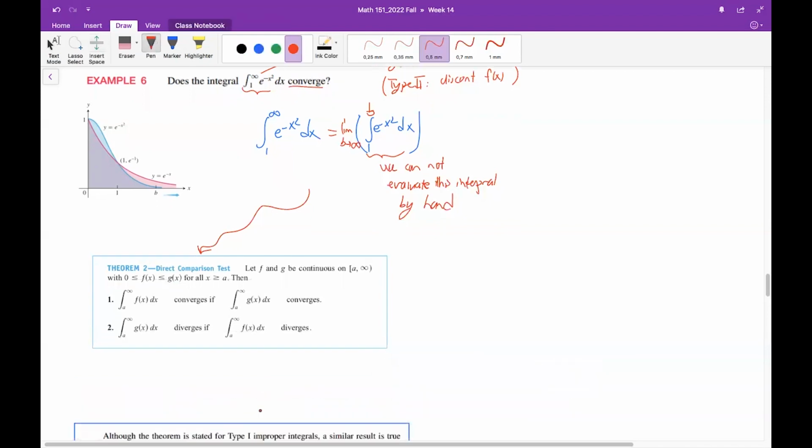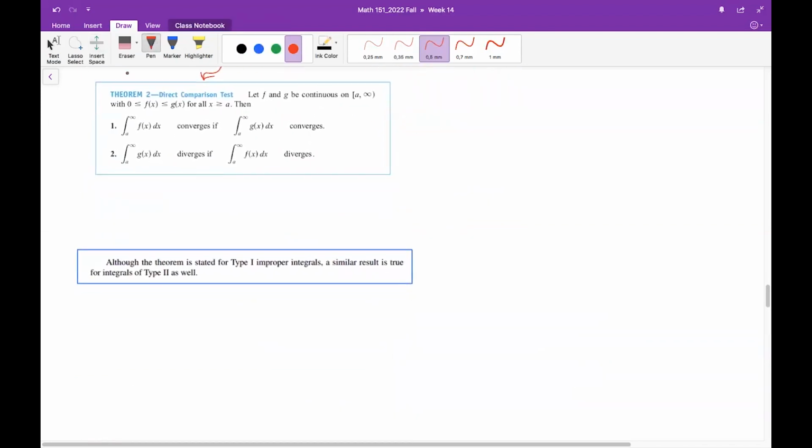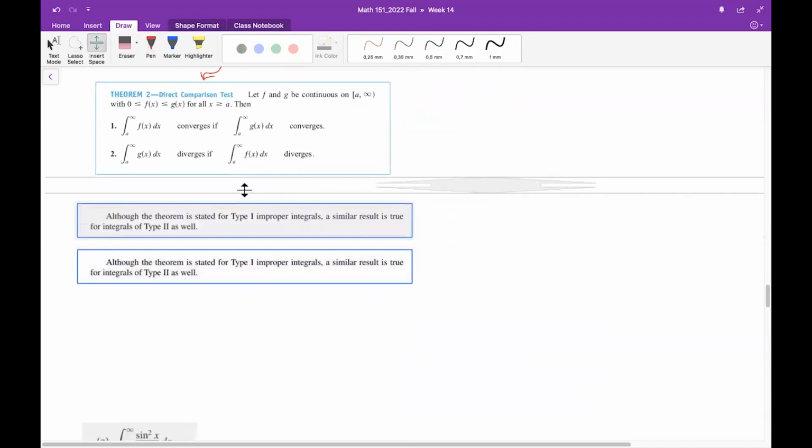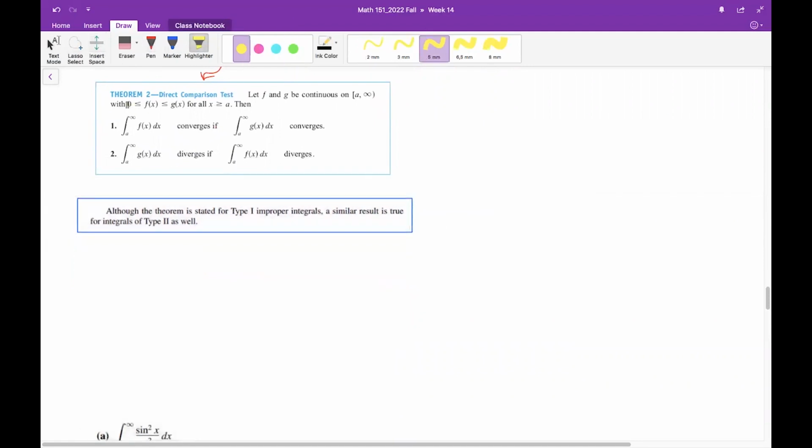Okay, let's try to understand this test. If you know an ordering between your functions f of x and g of x, then it is possible to comment on the convergence and divergence of them. They are related somehow.